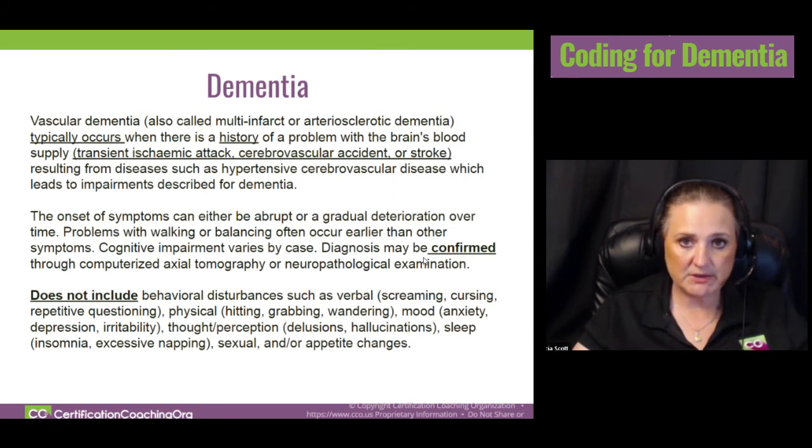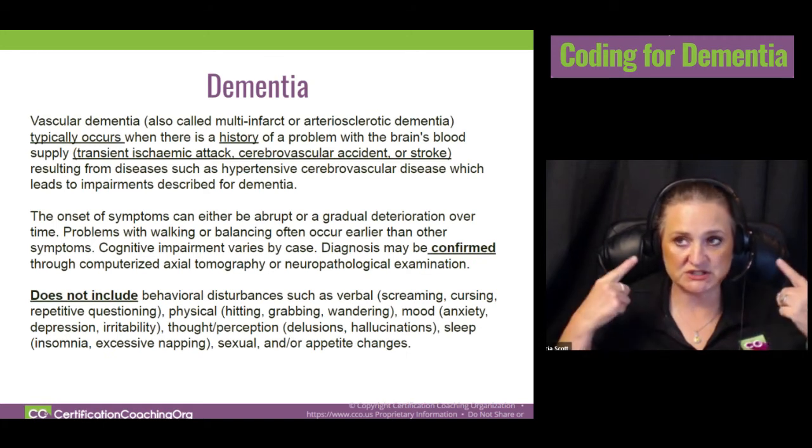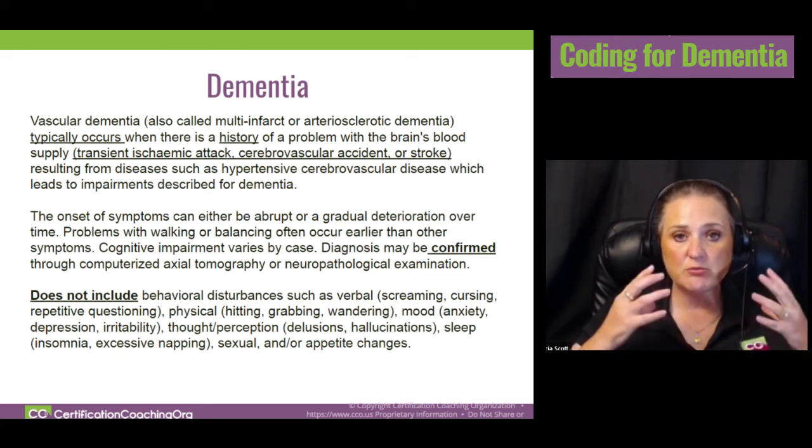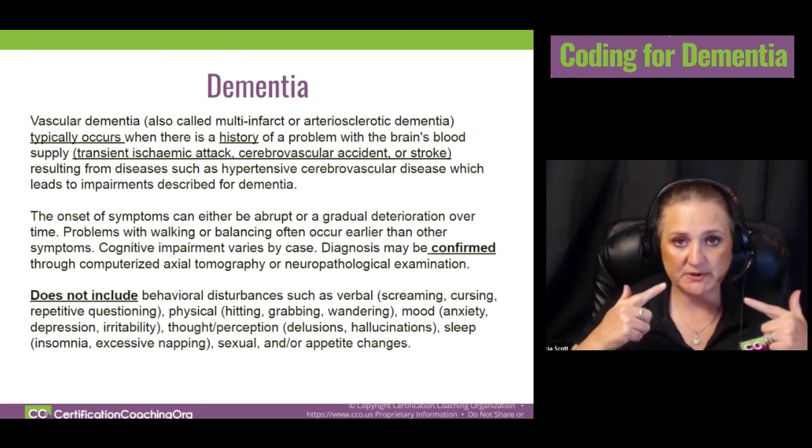A little more information about vascular dementia I wanted to talk about so that you would be able to get to the highest specificity is, what if a person had an infarction of the brain, which is just a blockage of the vessel, or they have arteriosclerotic dementia? Then what you're going to see is that they have a history of problems with the blood supply in the brain.